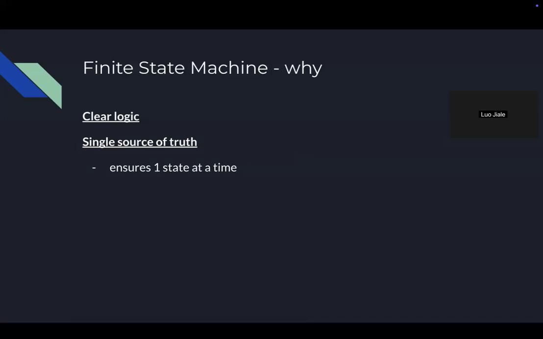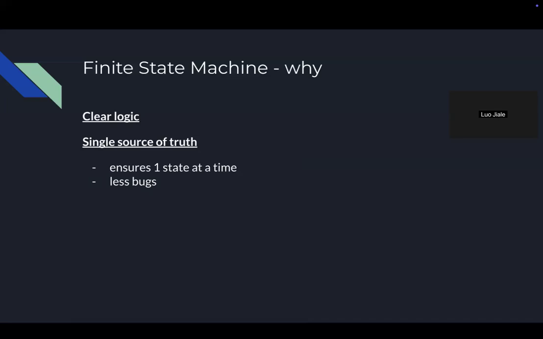Without FSM, you're going to have many Boolean value checkings, as I said just now, right? Because there's a single source of truth, there will be fewer bugs. So the behavior is going to look more natural, and there won't be any weird behaviors because you forgot to check a condition.